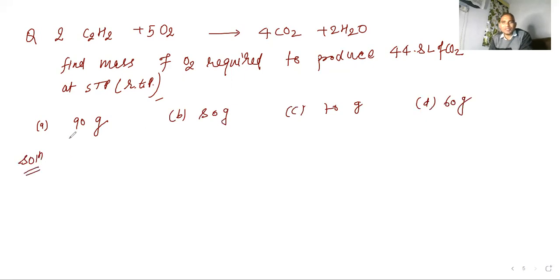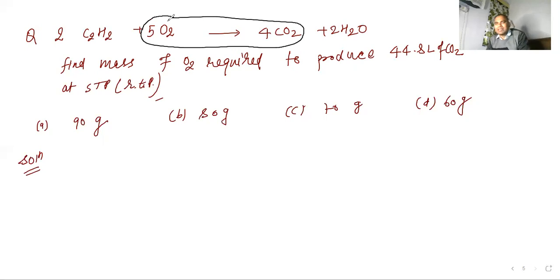How can you solve it? See, find the mass of O2. Keep in mind, whatever relation they are asking, that we have to compare. We have to compare only this much, not all things are required. So we compare that 5 mole O2 is required for 4 mole CO2.